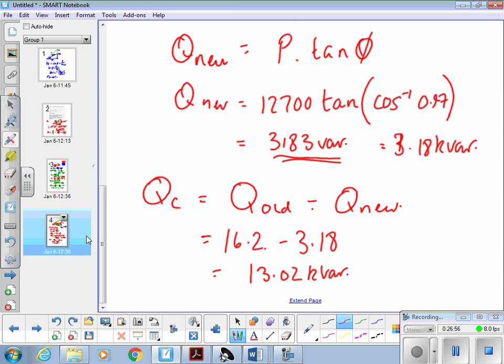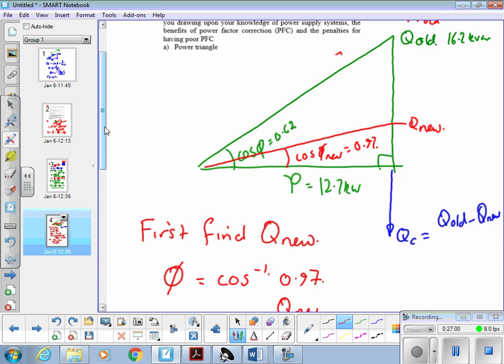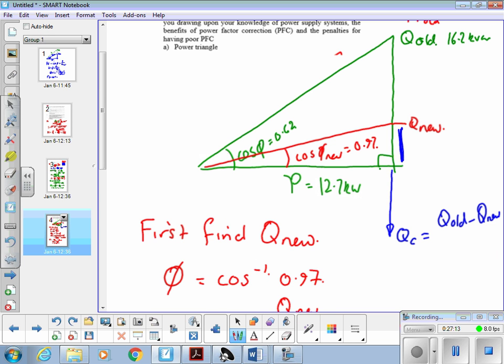Because if you're looking at the diagram, what you've done is calculated the new overall Q, which is that distance in there. The question is asking for how much Q the capacitor has got to provide, which is that value. And we already agreed that that value must be the old Q minus the new one.